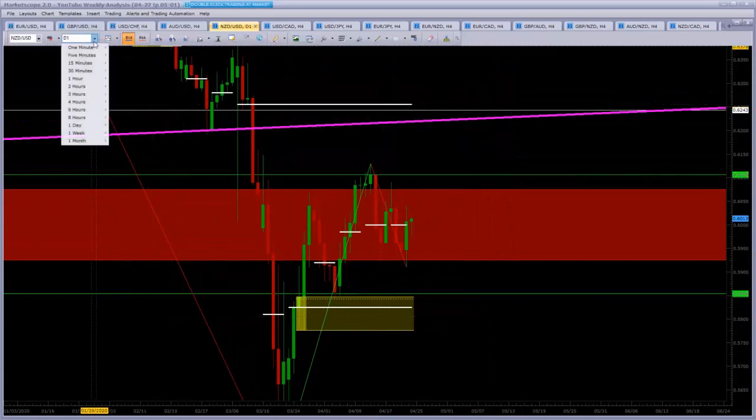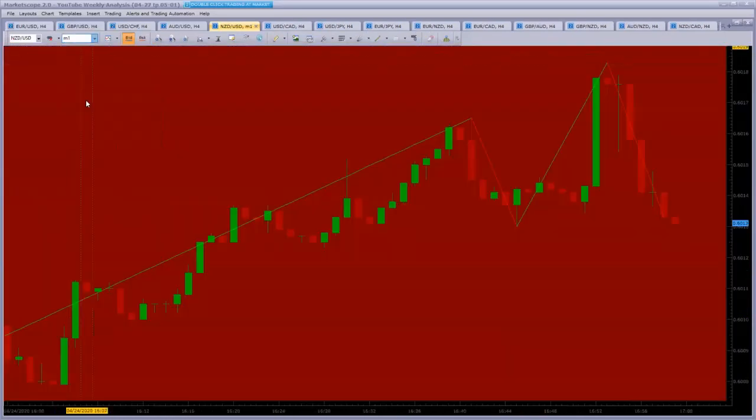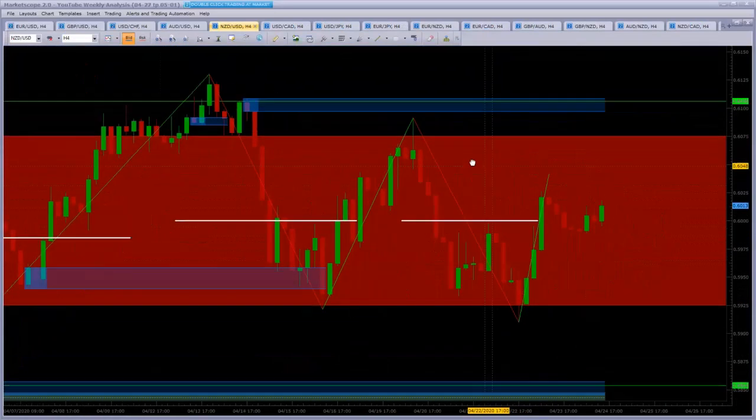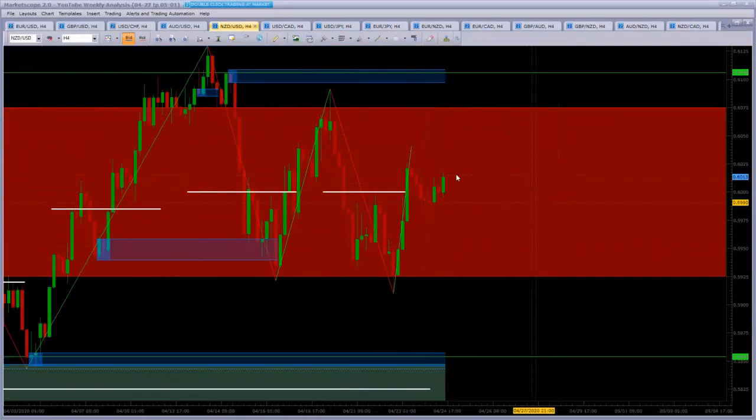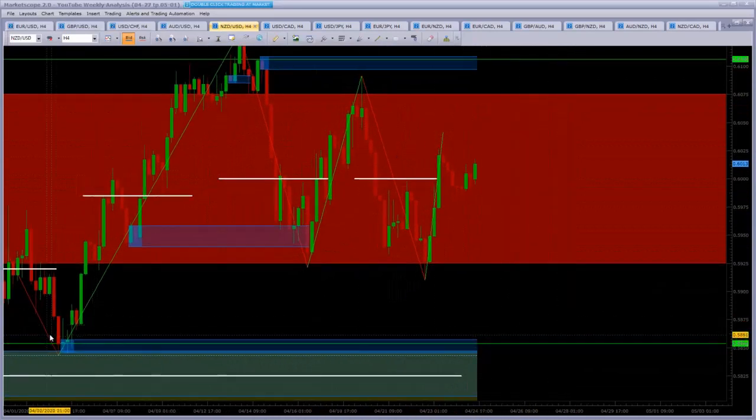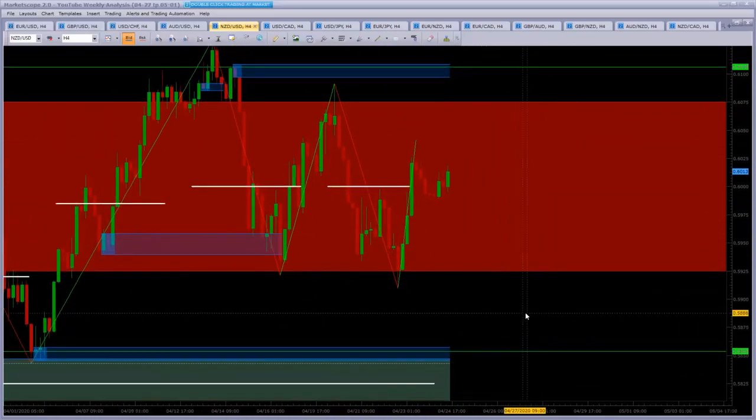So let's go to the 4 hour right now. These are my 4 hour levels right there, okay, guys? As you can see, that one line I drew is your 4 hour supply, and that line right there is your 4 hour demand. So we're stuck in between this zone.